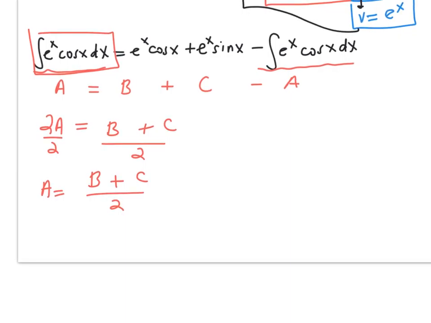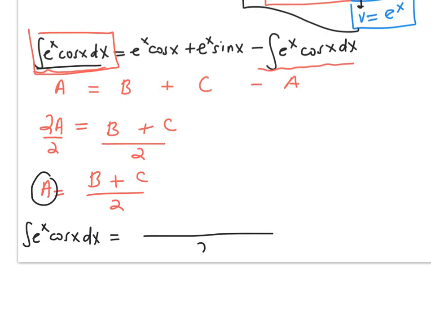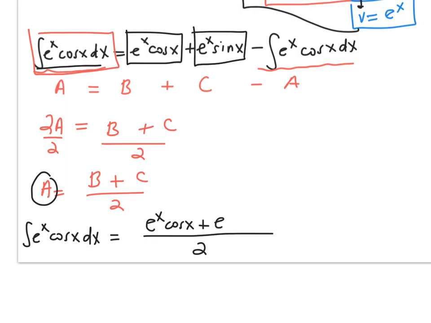So A was equal to the antiderivative of e to the x cosine x dx. And now that's equal to B plus C all divided by 2. So B was equal to e to the x cosine x plus C, which was equal to e to the x sine x.